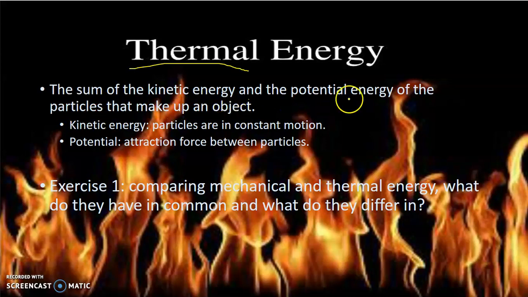Okay, so every object is made of small particles that are organized inside of it. Those particles have some kinetic energy because the particles are always in constant movement. When we have a solid, the movement is not as much as it happens in liquids or in gases, but the particles are always in constant movement. That is why it has kinetic energy.